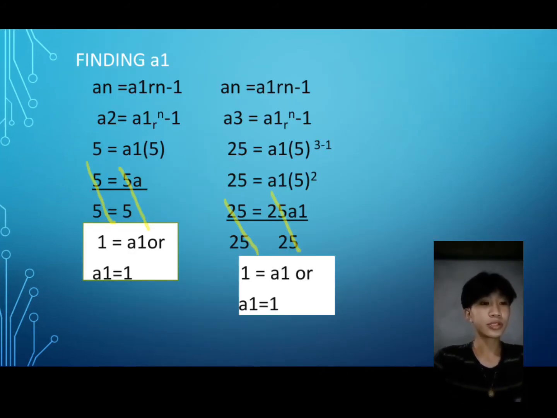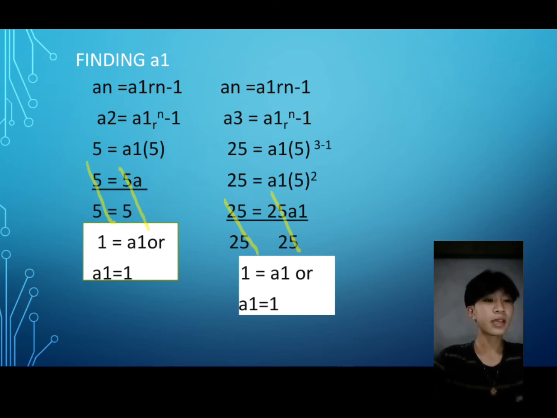After we got the common ratio, let's find a sub 1. So we have here a solution. A sub n equals a sub 1, which is the first missing term, times r raised to n minus 1. So using our second term, a sub 2 equals a sub 1 times 5 raised to 2 minus 1.